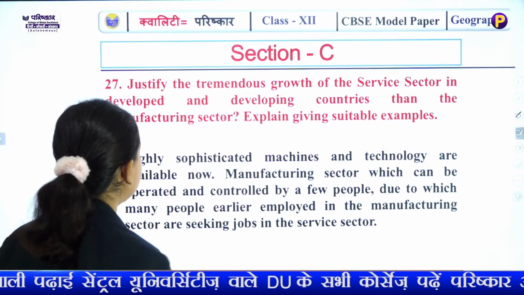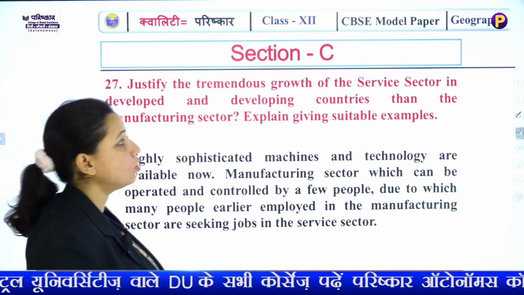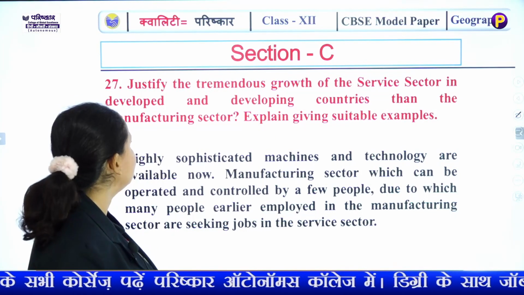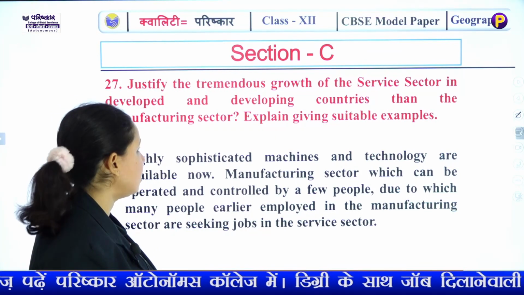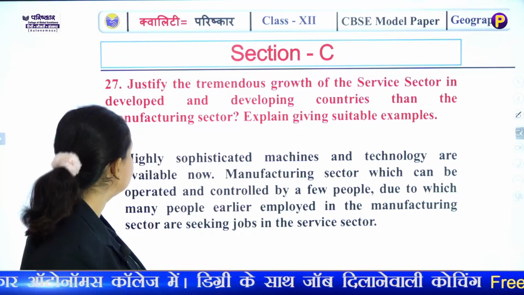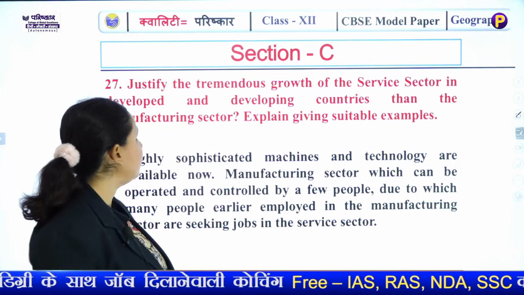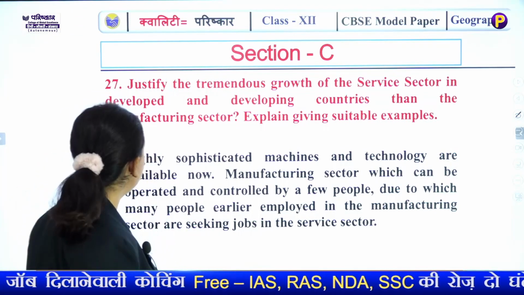Now the next question is, justify the tremendous growth of the service sector in developed and developing countries compared to the manufacturing sector. Explain giving suitable examples. Now you have to explain the growth of the service sector in developed and developing countries.